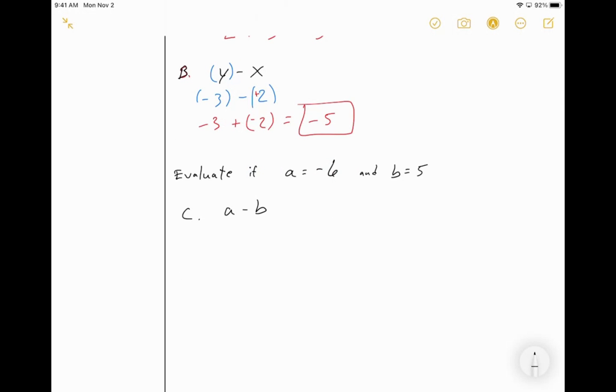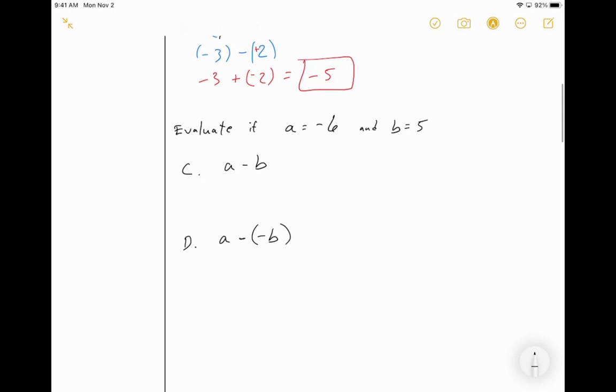Let's do a minus a. Here, this is a tricky one. -b. And let's do b plus a. Okay. So a couple problems here.